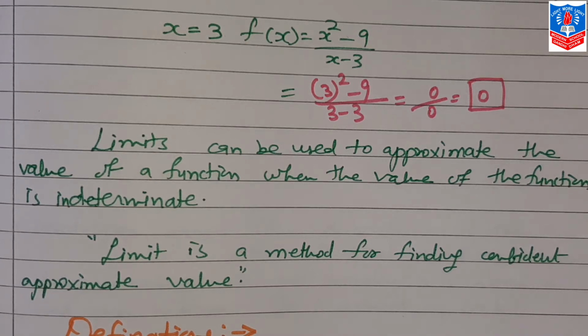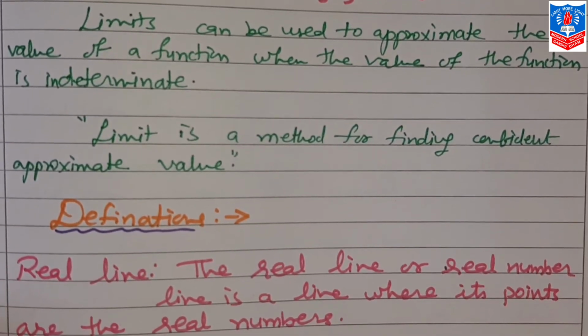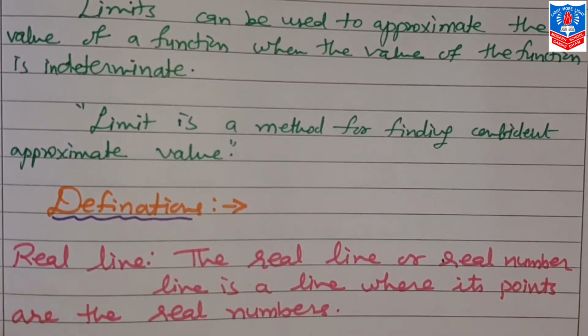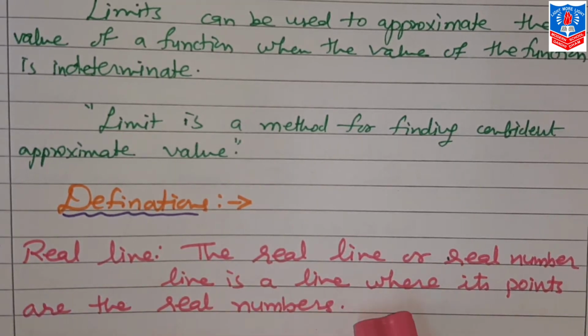So to understand the concept of limit, before we discuss the definition of limit, we discuss few definitions which will help us understand limit. Now in these definitions, first definition, that is real line. The real line or real number line is the line where its points are the real numbers.